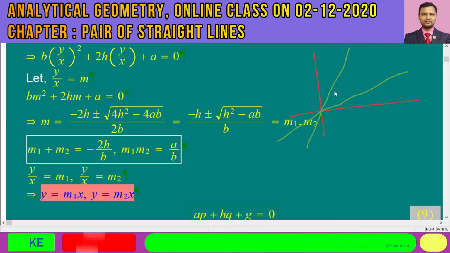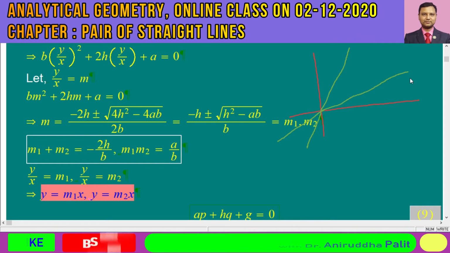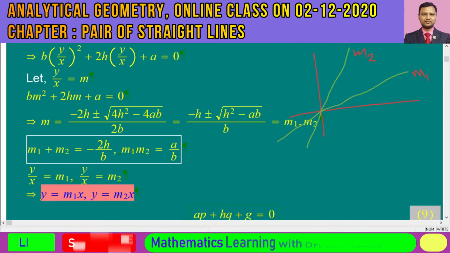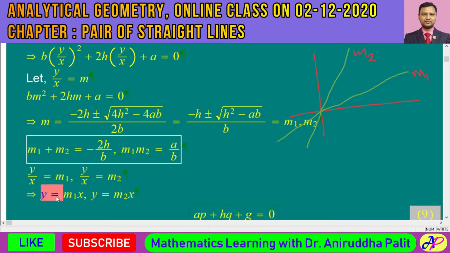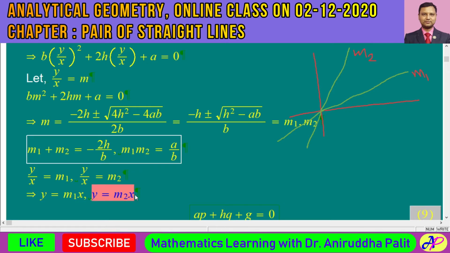বাংলা যেটাকে বলে প্রবণতা, gradient means প্রবণতা. Okay, so let us say the first straight line has the gradient m1 and this straight line has the gradient m2. M1 may be greater than m2 or m2 may be greater than m1, we don't know, but whatever the result, at least we can say that y is equal to m1x and y is equal to m2x.